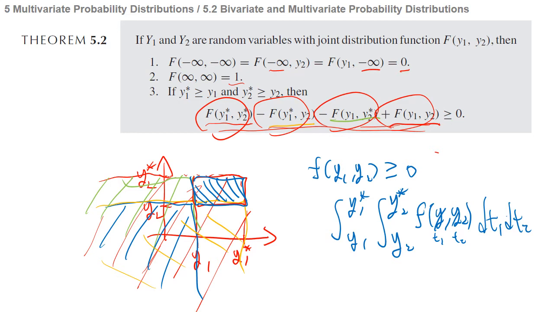Let's say this axis is t1 and another axis is t2. Then this integration should be greater than or equal to 0, so that's property number 3.